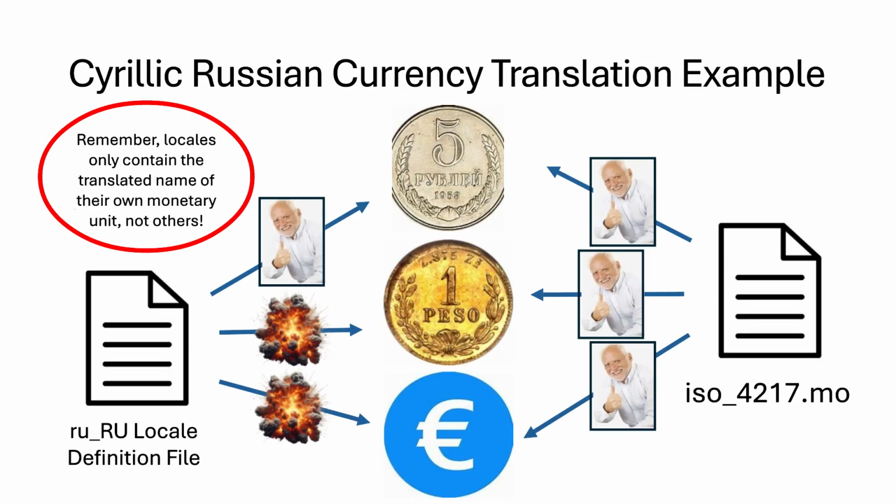For example, a Russian Cyrillic locale defines the ruble written in Cyrillic as the monetary unit, though it doesn't describe how monetary units of other countries are written in Cyrillic Russian. The ISO 4217 domain serves this purpose, specifying how another country's monetary units are written in Cyrillic Russian. The same concept can be applied to all these other ISO domains for language, country, and script names.